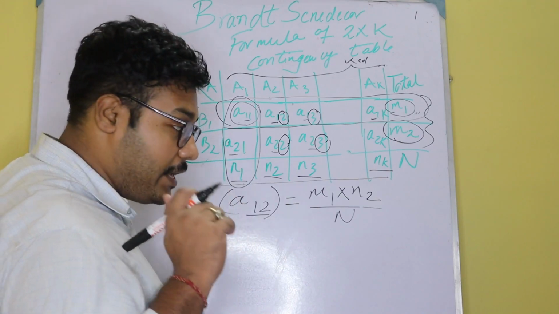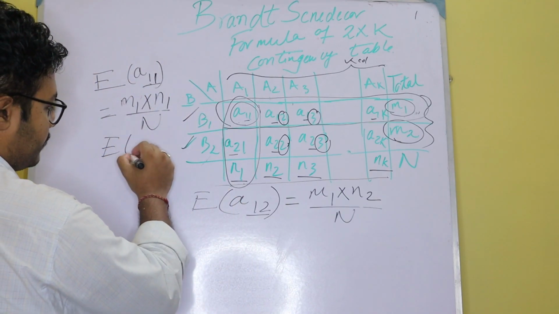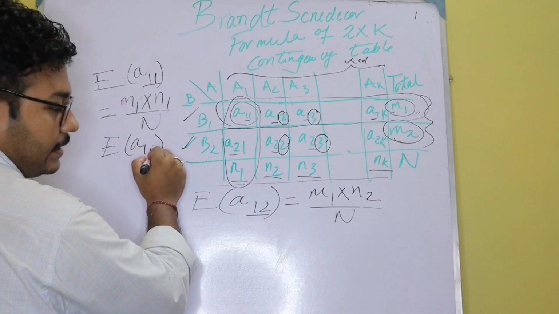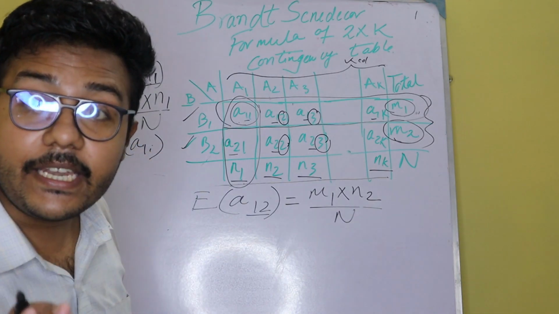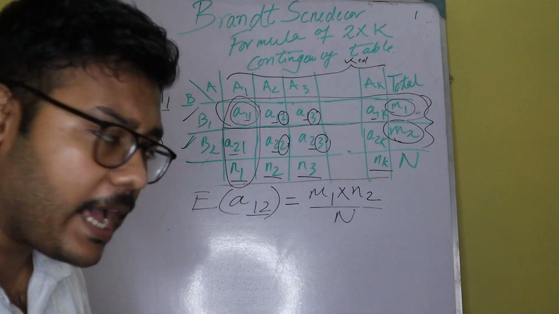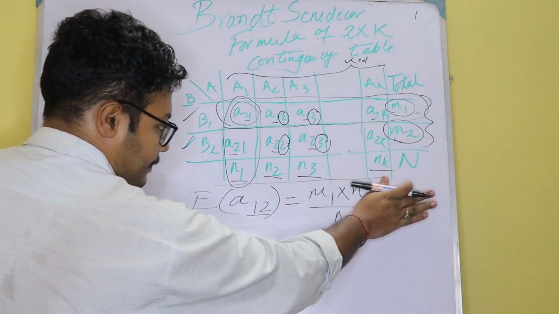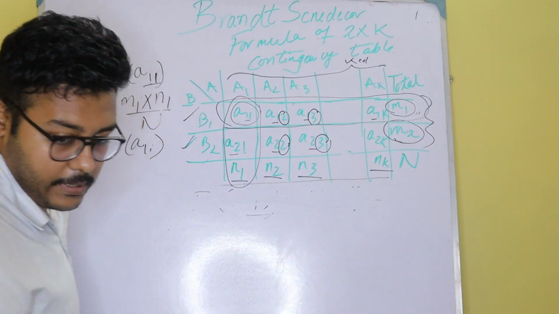We can say from here, if we are asked to find any digit, suppose E of a1i, right? Then see, I'm writing here, I'm rubbing this part.